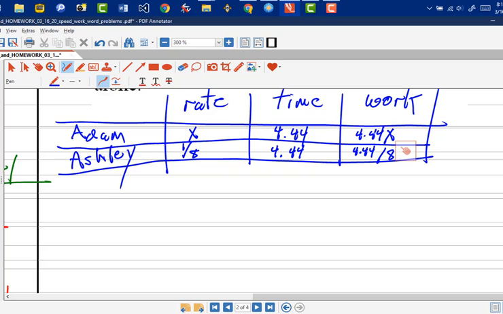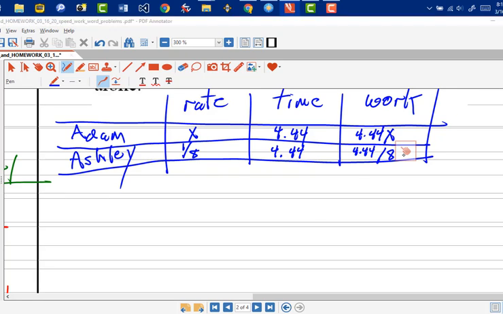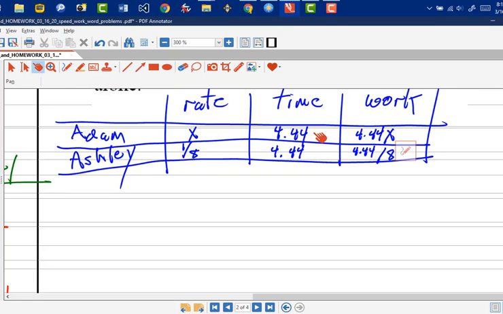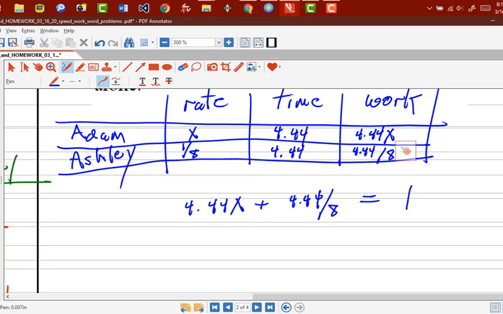Okay, so total they do 1 warehouse. So Adam's contribution plus the amount of work Ashley does, her contribution, is equal to 1 altogether.